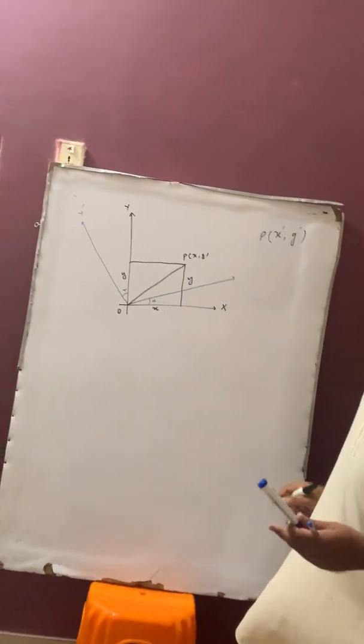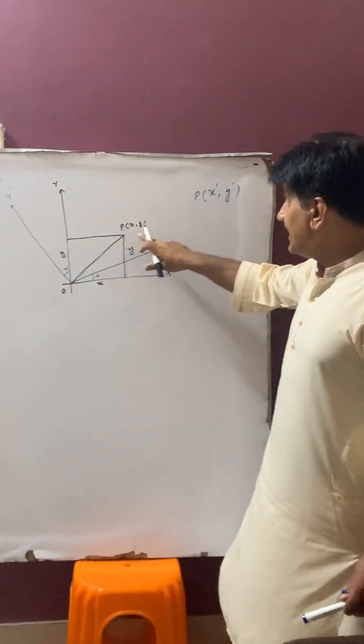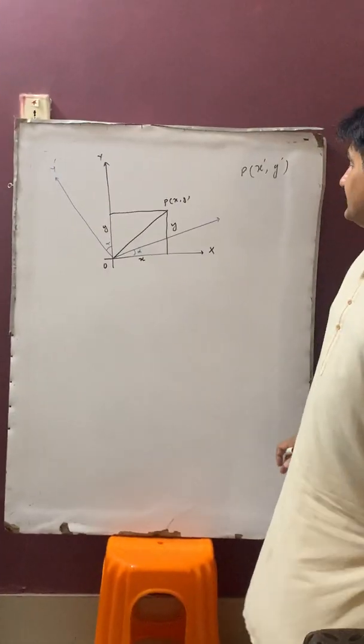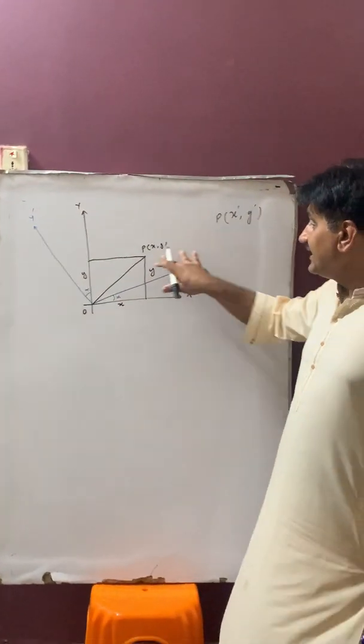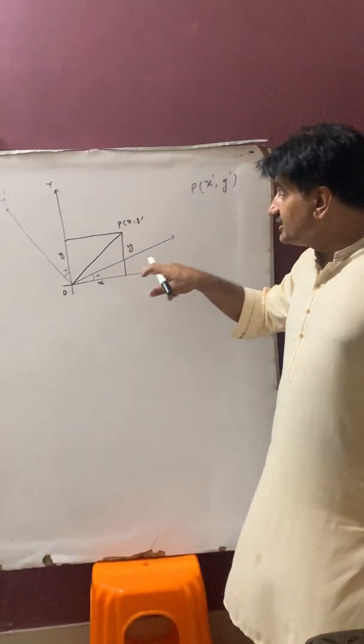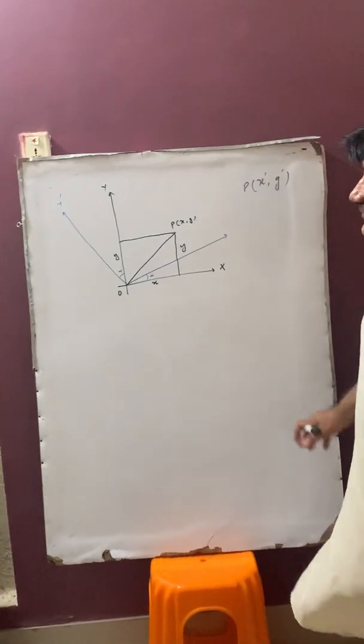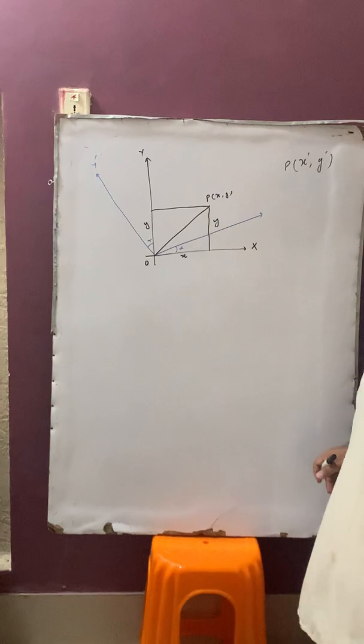And we will establish the relationship between x prime and x, y prime and y. And we will see that if these coordinates remain invariant after rotation of system of coordinates, then it will form a scalar. If it changes, then it is a vector.